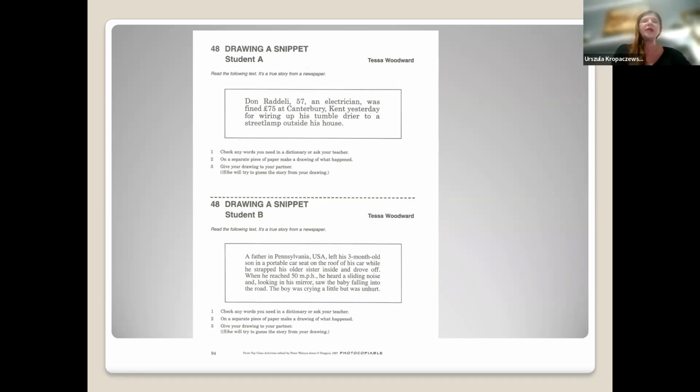So the person is not very young. Student B will have to decide how to draw him and make him look 57, and how to draw an electrician. Maybe some equipment is needed here, so some more language will be used.